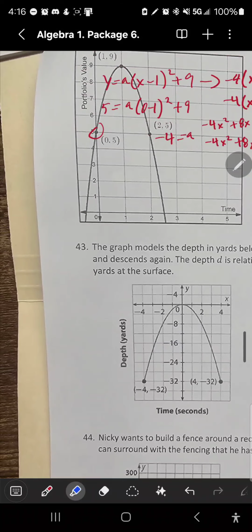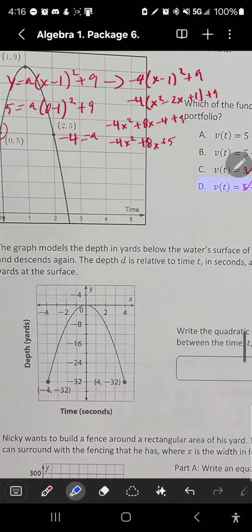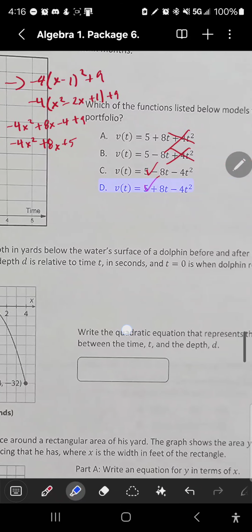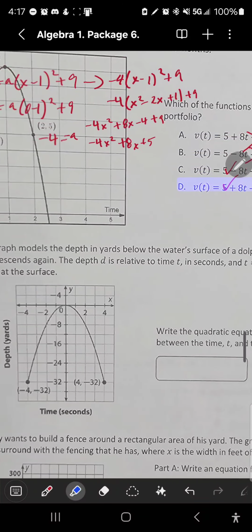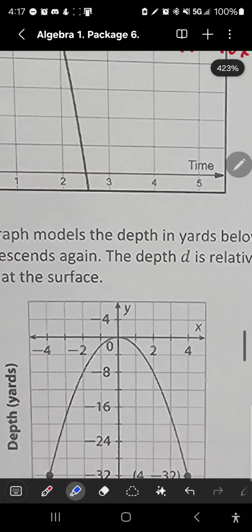The depth d is related to time t in seconds, and t equal 0 is when the dolphin reaches a depth of 0. So this point is (0, 0), they just say it.